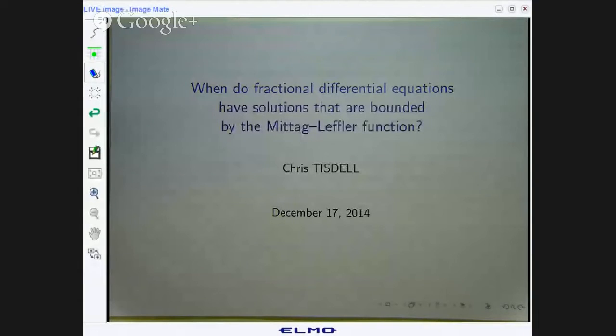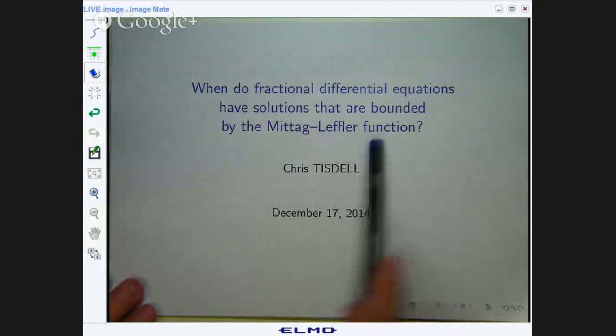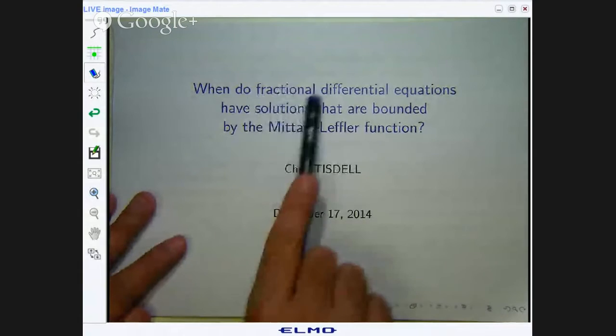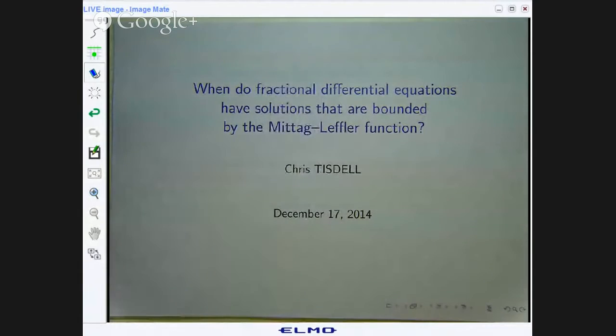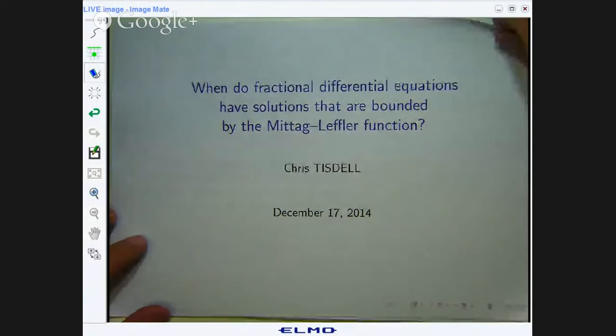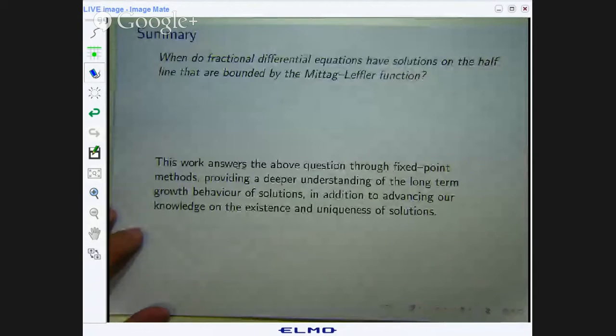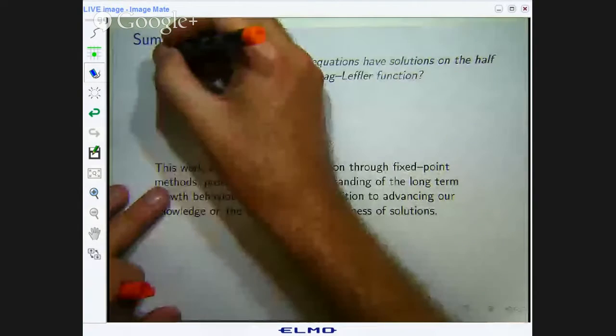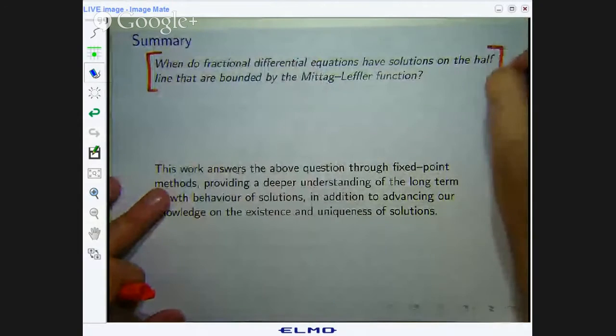All right, when do fractional differential equations have solutions that are bounded by the Mittag-Leffler function? Now, first of all, you may not have heard of a fractional differential equation or the Mittag-Leffler function, but we will discuss those things as we go through. Okay, so this is the main question that we are going to answer here.